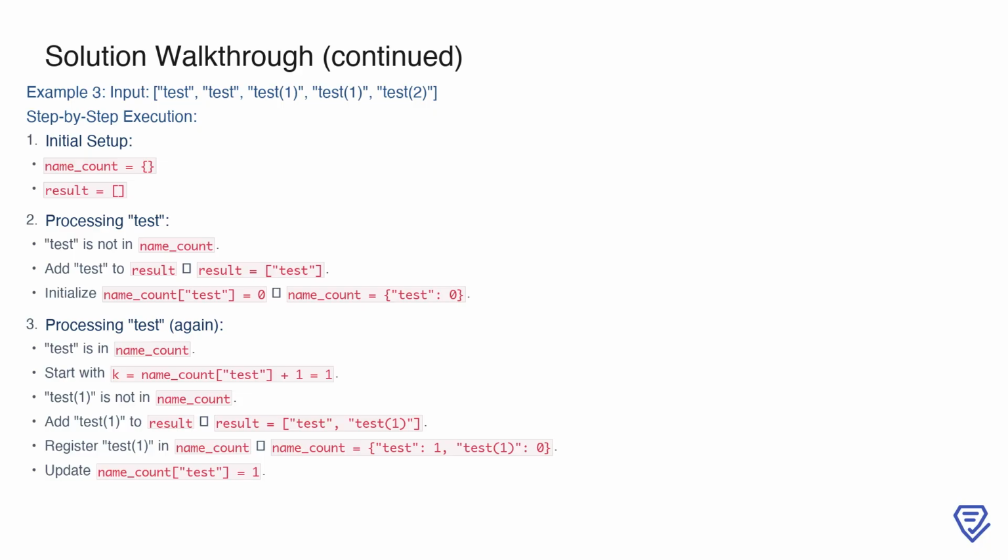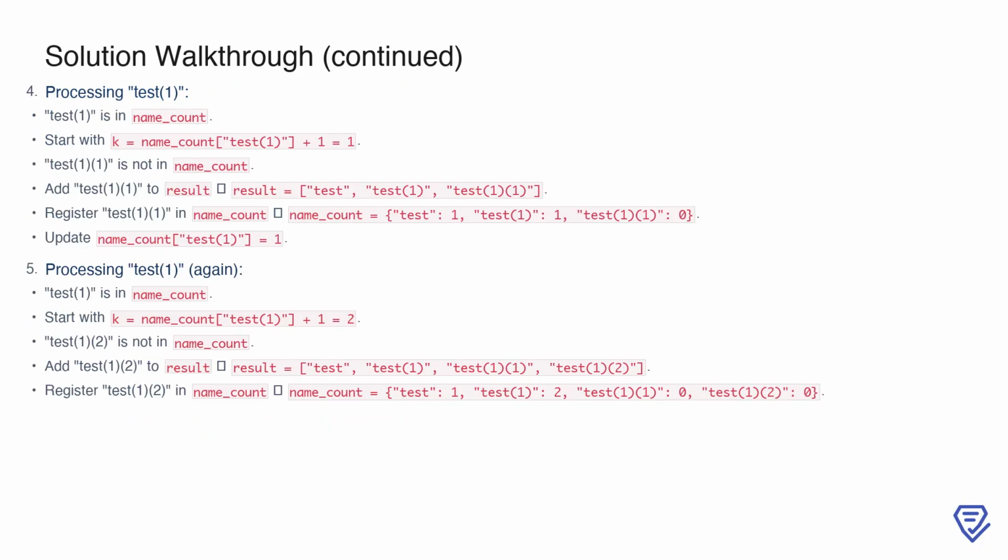The next string is also test, which is already in name_count. We calculate k as 1, which is name_count[test] plus 1. The name test(1) does not exist in name_count, so we add it to result, updating it to test, test(1). We then register test(1) in name_count and update name_count[test] to 1.